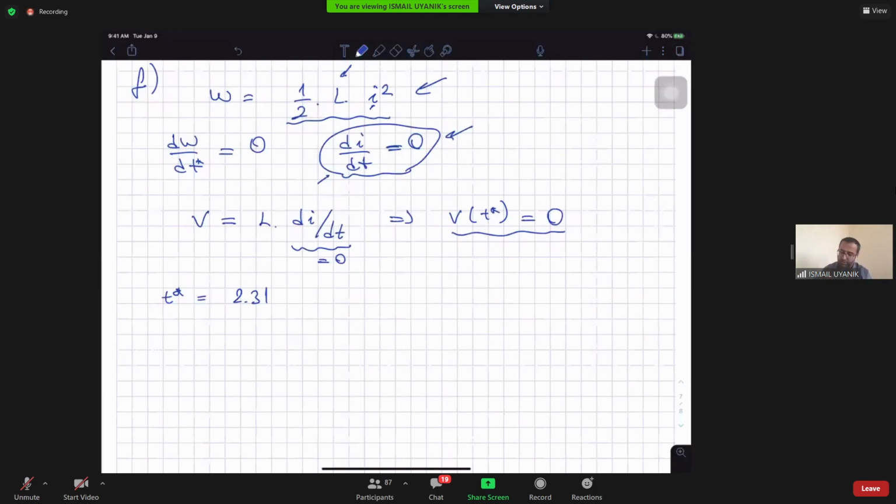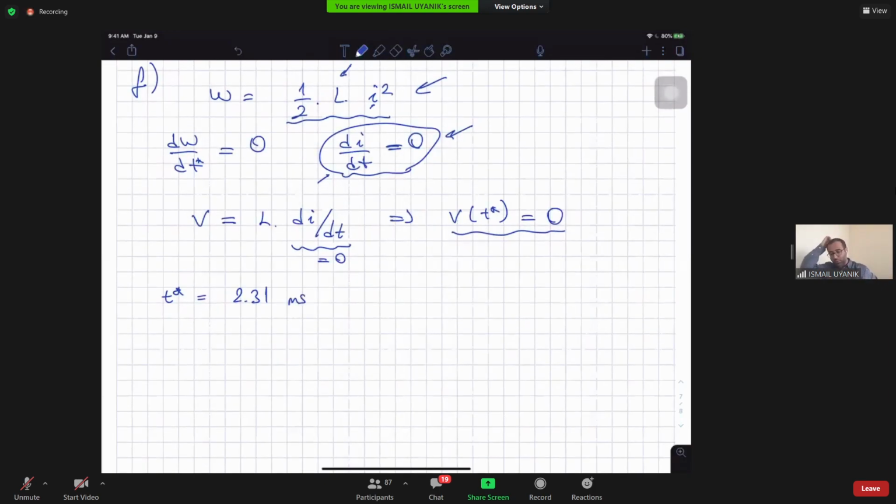Now, for the last part, I need to calculate the energy at this time instant. So that will be 2.331 times 10 to the minus 3, right?